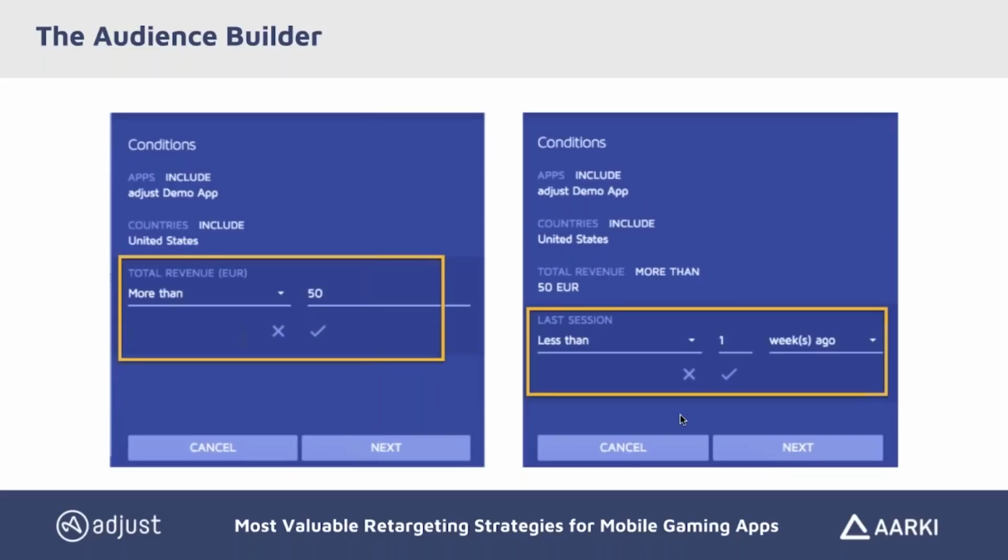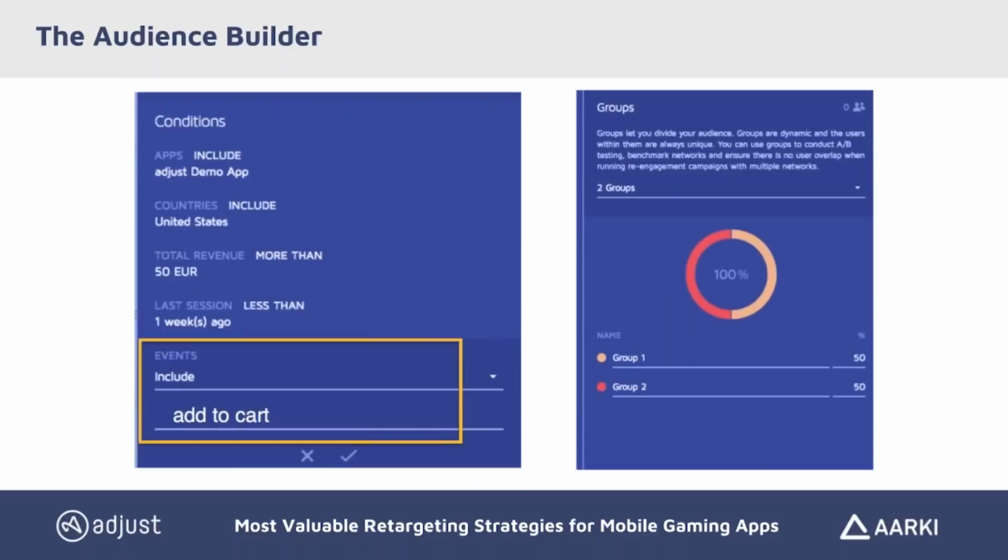Last session, in this case, we wanted all users that spent more than $50 revenue, and had a session less than 1 week ago. We also wanted to include one event. In this case, it's add to cart.